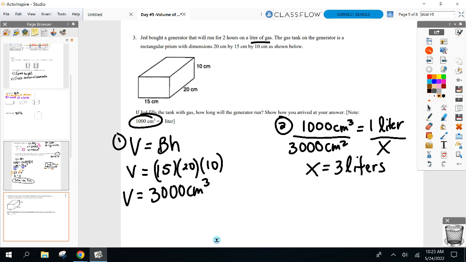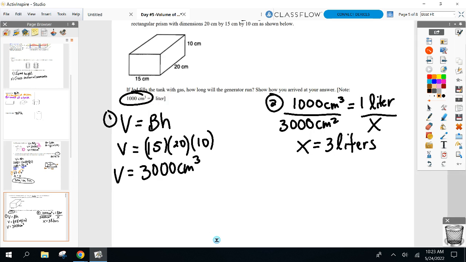And we're not even done with the problem yet, are we? It will run 2 hours on a liter. So how many hours is this going to run for? If you're nervous, divide by 2, multiply by 2. 1 liter equals how many hours?